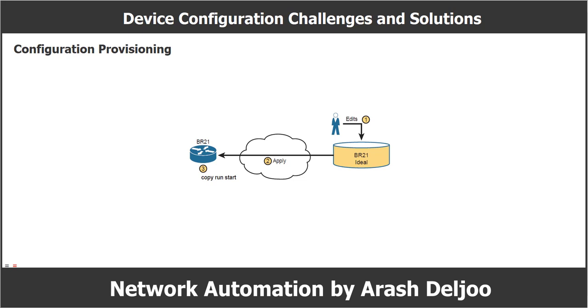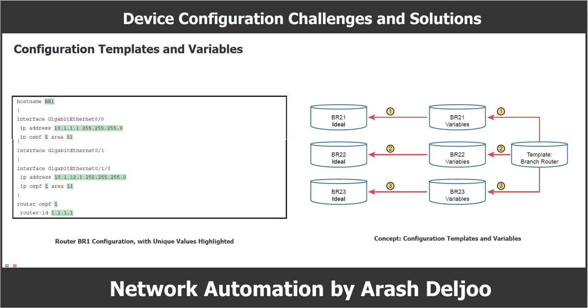The next ability is to store the logic steps in a file, scheduled to execute, so that the change can be implemented by the automation tool without the engineer being present. The list could go further, but these outline some of the major features included in all of the configuration management tools. Now let me explain the configuration templates and variables.